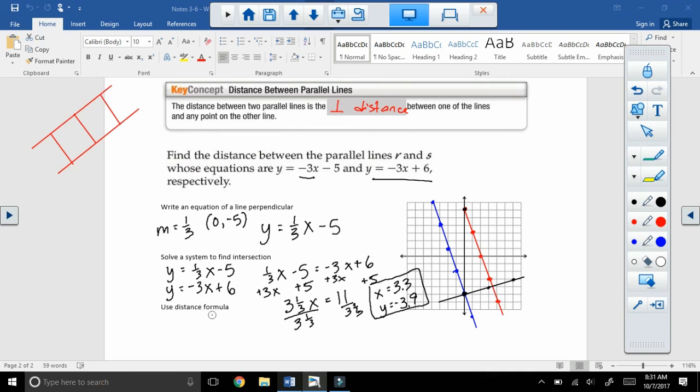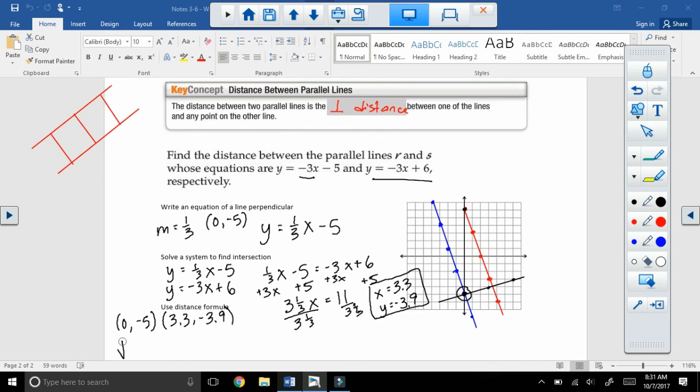Now when I use the distance formula, I want to find the distance between the point that I chose, 0, negative 5, and that new point, 3.3 and negative 3.9. And this will probably be a little harder to do. You won't be able to do it just in your head. You'll need to grab your calculator because we're going to be squaring some decimal numbers.